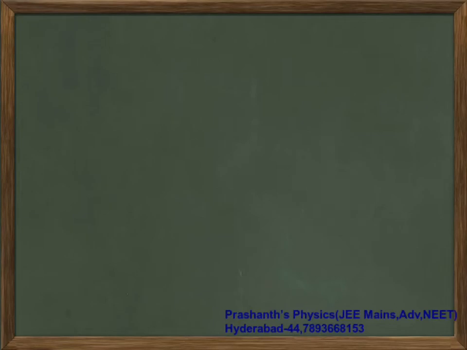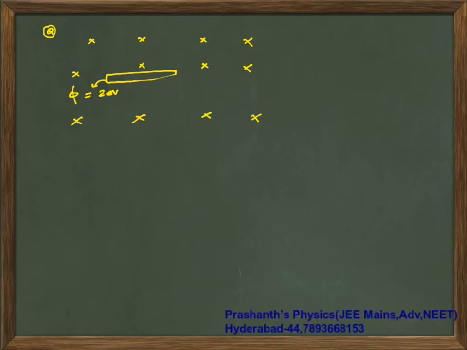Now let's relate some questions with the magnetic field chapter. What is your question? There is a metal whose work function is 2 electron volt. It is placed in a uniform magnetic field like this. When light is projected, obviously electrons will be emitted out of this.